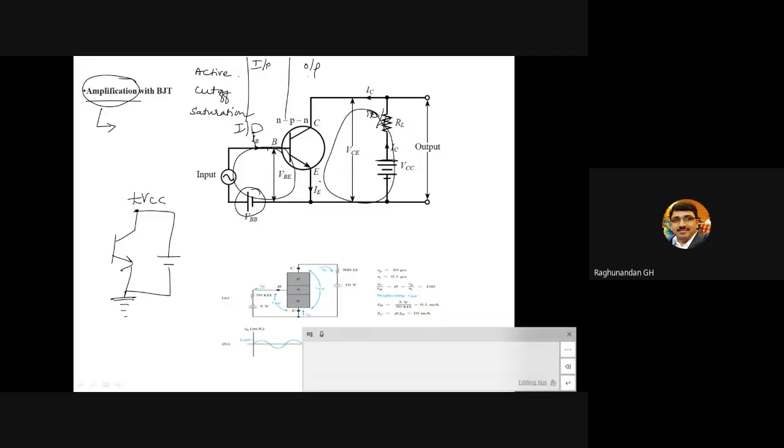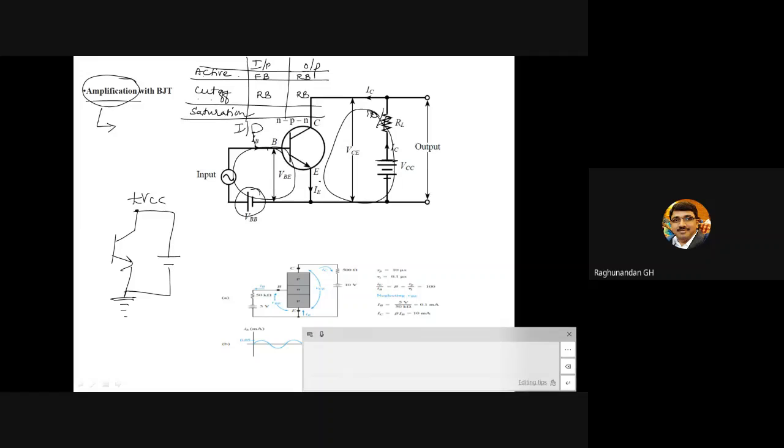So this is one table which we study in basic electronics, when you study the BJT applications module. In order to make the transistor operate in the active region, the input circuit should be forward biased and the output circuit should be reverse biased. To make the transistor enter the cutoff region, both should be reverse biased.